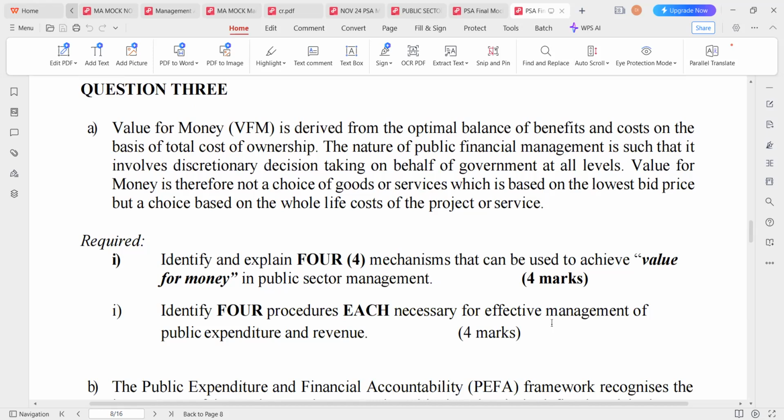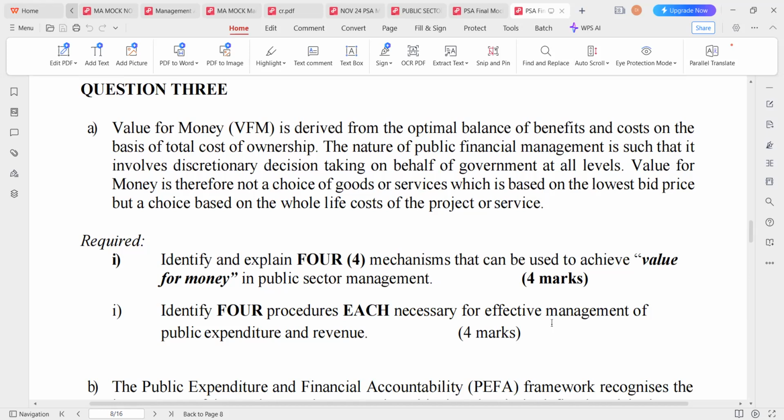So if you spend 1 cedi, you should get a value of 1 cedi. But some will spend 10 cedi and get a value of 50 pesewas. That means value for money has not been achieved.